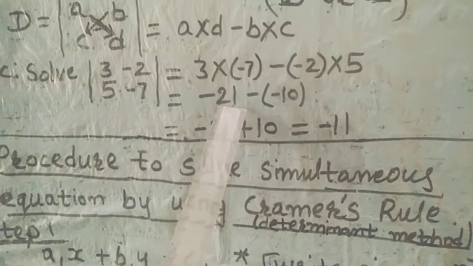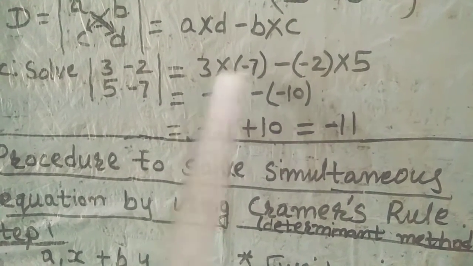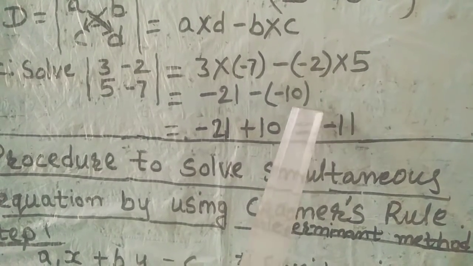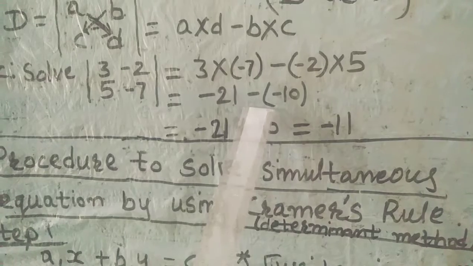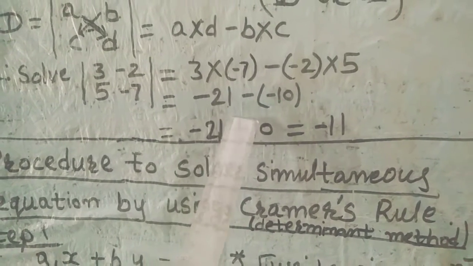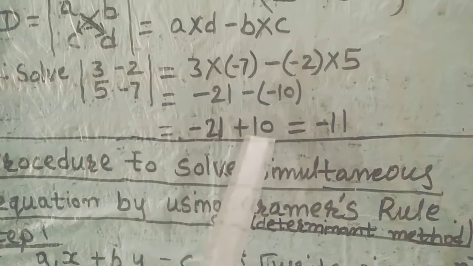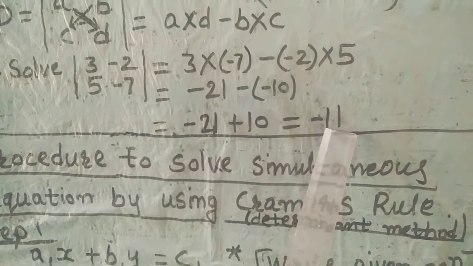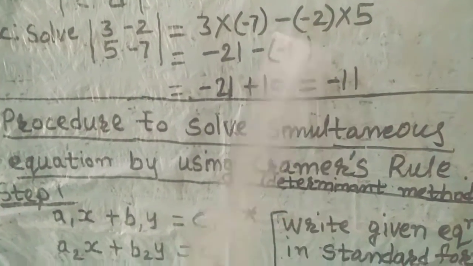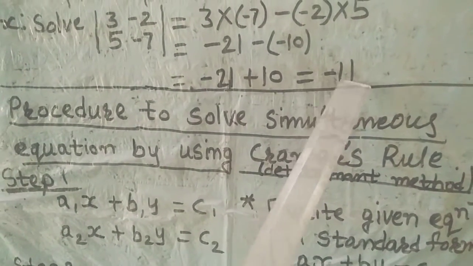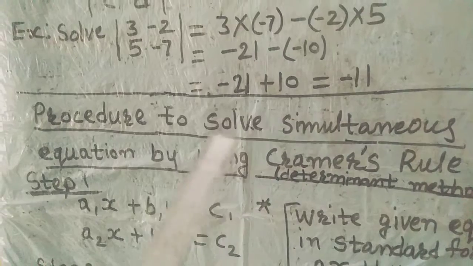So the value is minus 21 minus, minus 2 multiplied with 5, that is minus 10. Then in the next step, the minus minus sign becomes plus, so minus 21 plus 10 is equal to minus 11. So the value of determinant D is minus 11.